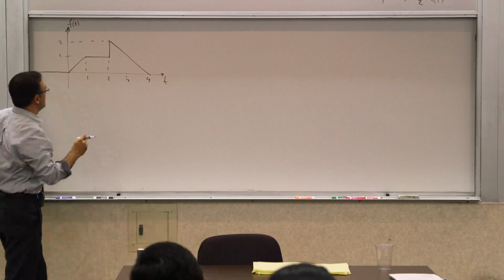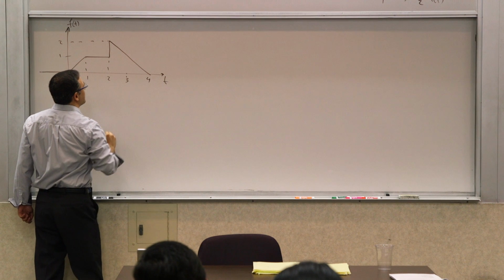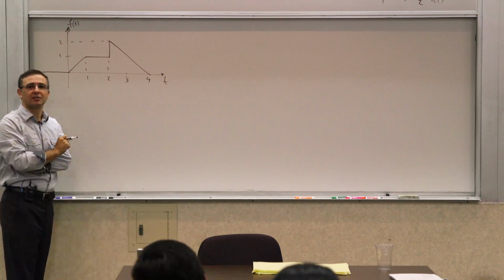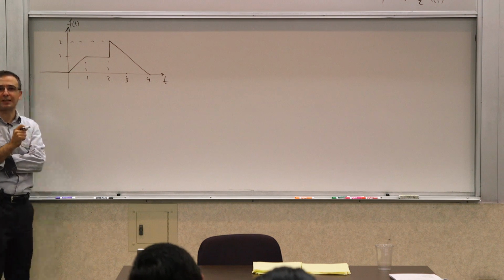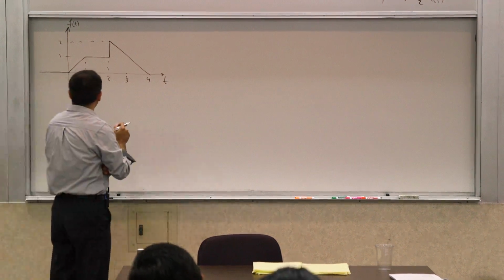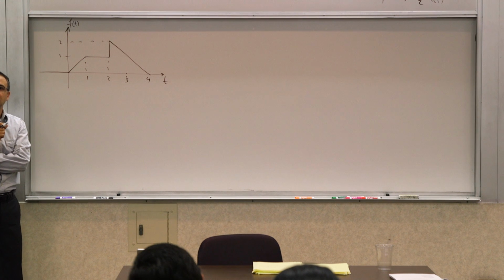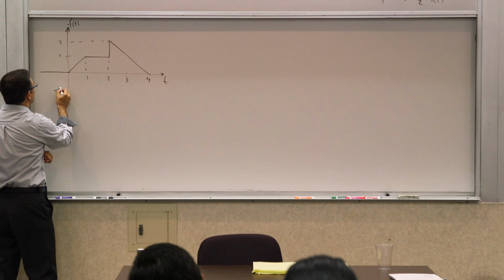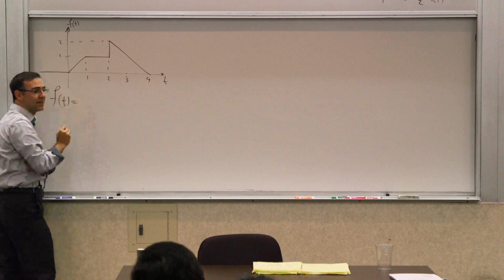Would I be able to describe this in terms of those basic singularity functions? Let's construct it together, as a discussion here. We'll go around the class and ask you questions.